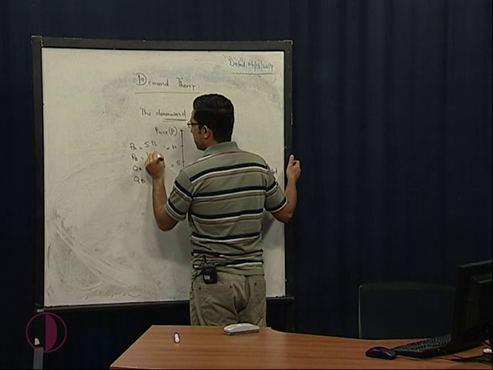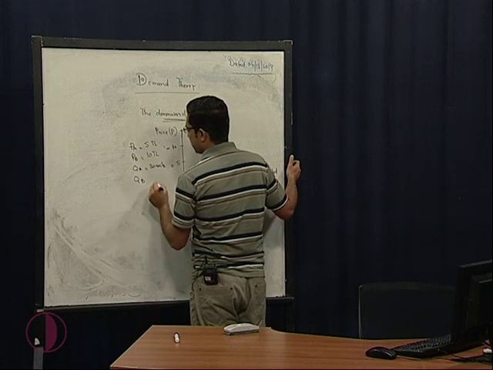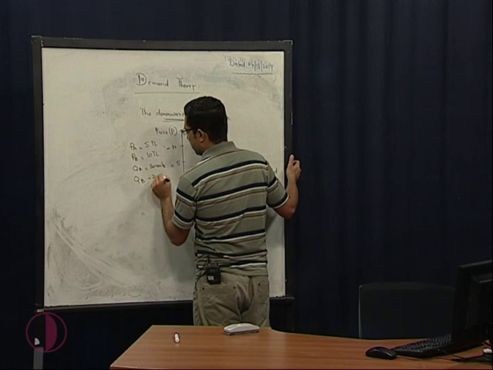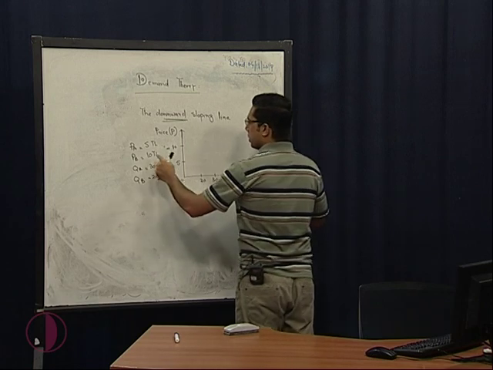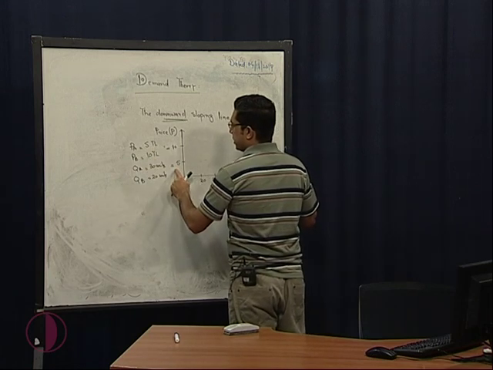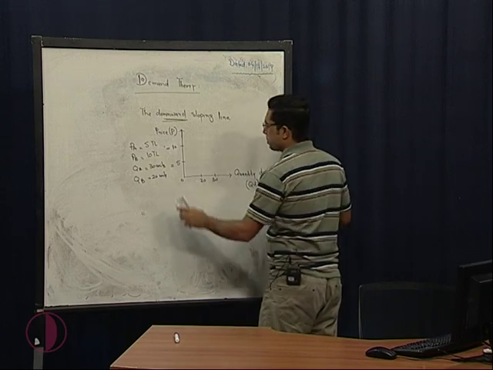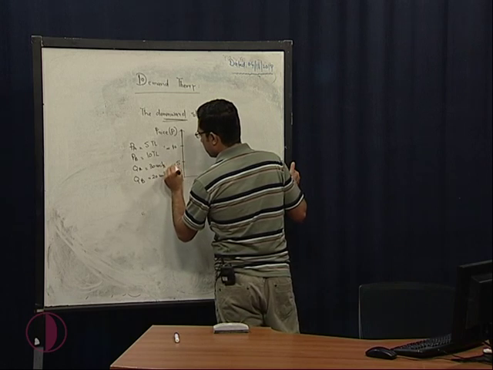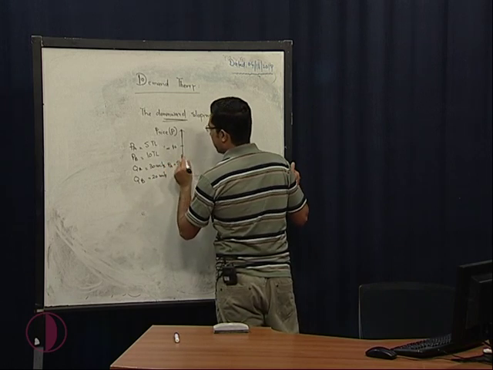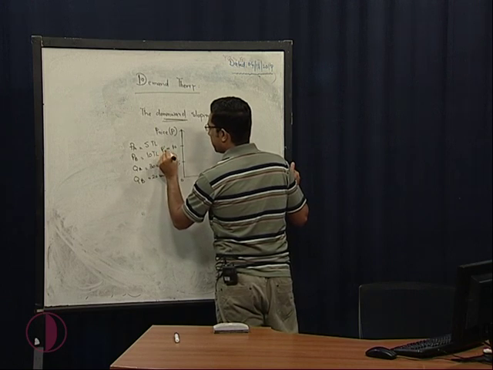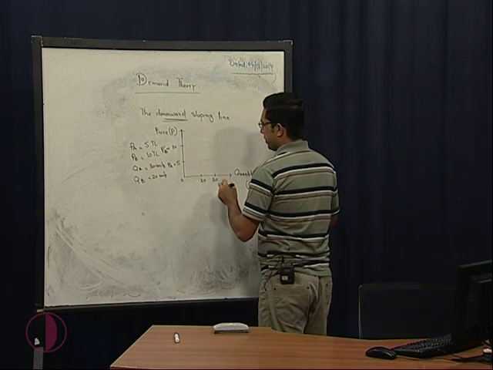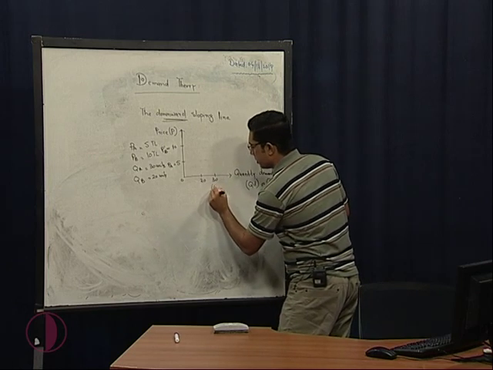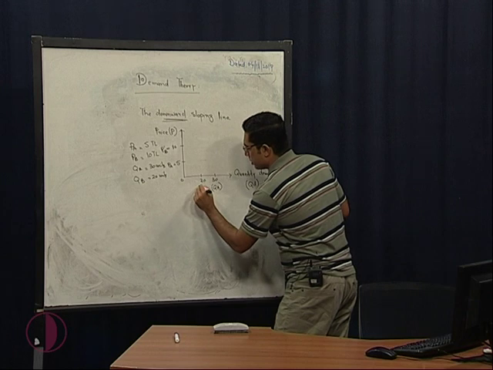If the price is 10 Turkish lira, the demand is 20 units. So 5 TL is the original price. This is PA and this is PB. QA. This is QB.